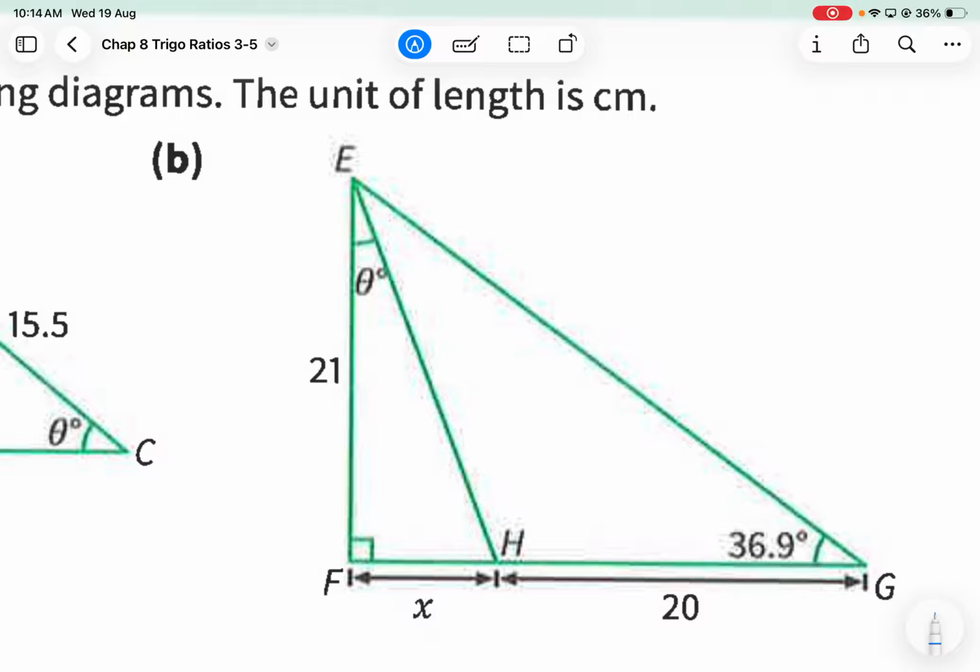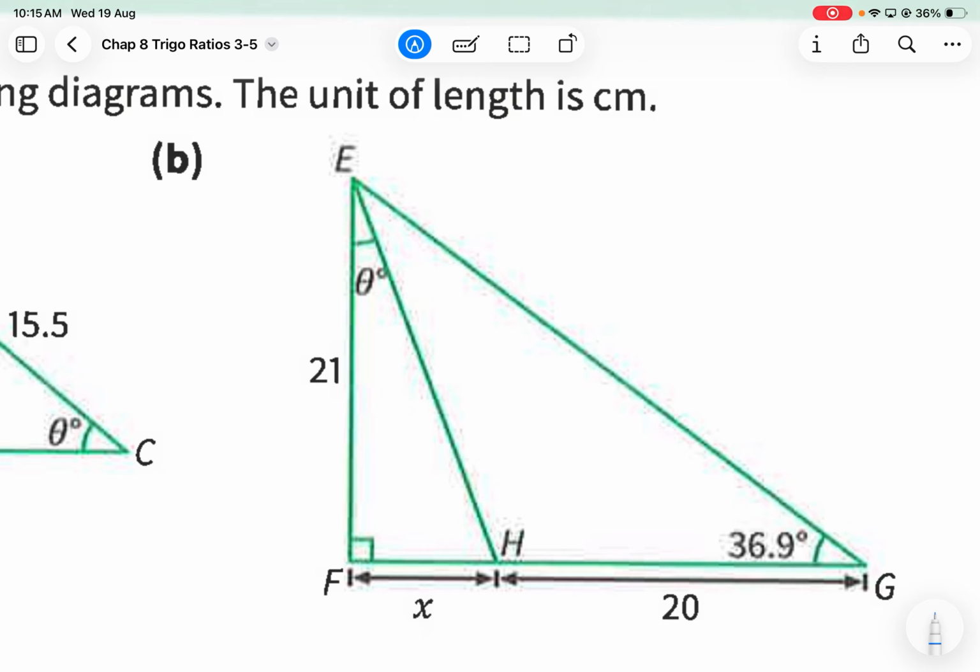I don't know the other angles, so I cannot find theta. Then I look at x. If I also look at x inside this small right angle triangle, I also cannot find x. Only got 21. I need one more data. So I cannot use this small right angle triangle to find theta. I cannot use this small right angle to find x also.